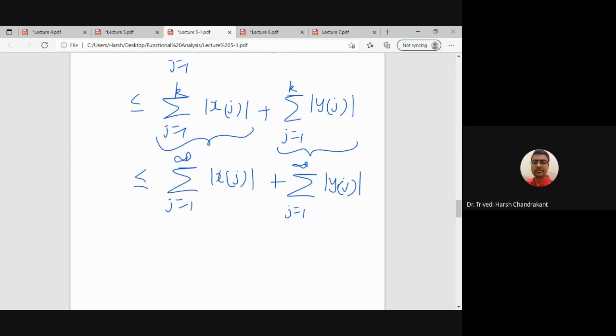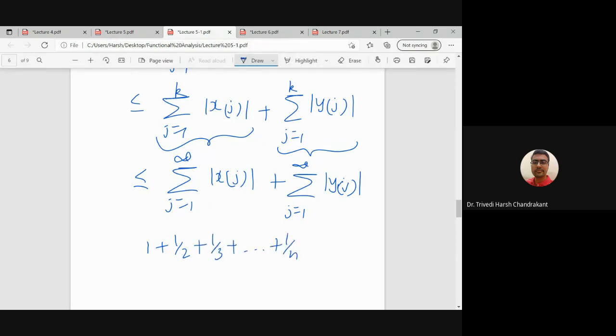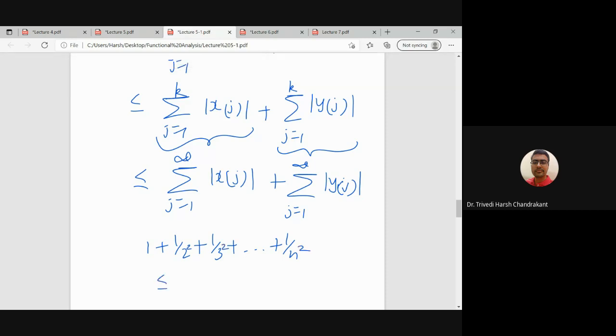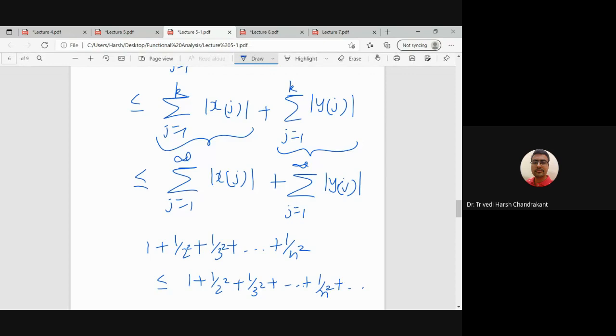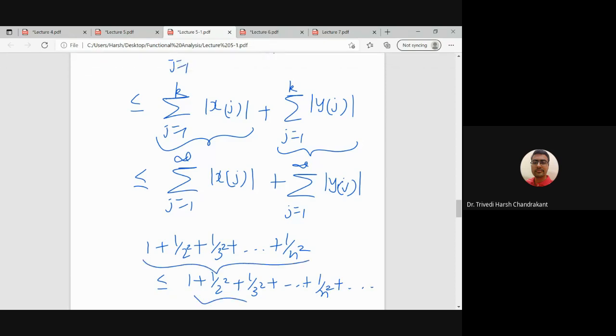We know this because, for example, if we take the series 1 plus 1 by 2 plus 1 by 3 up to 1 by n squared, this is always less than or equal to the whole series. These are only finitely many terms, and these are all the terms of the series. That is what we are using, that these finite terms are less than or equal to the infinite terms if the series is convergent.